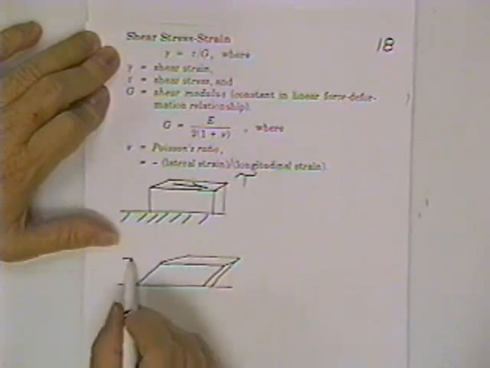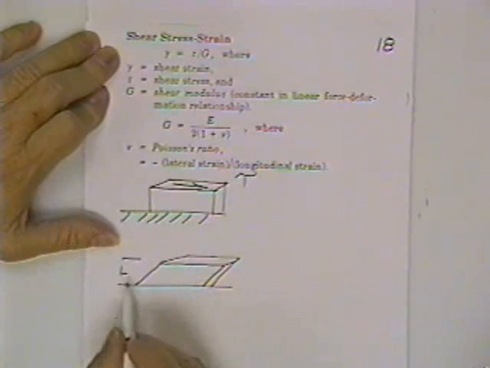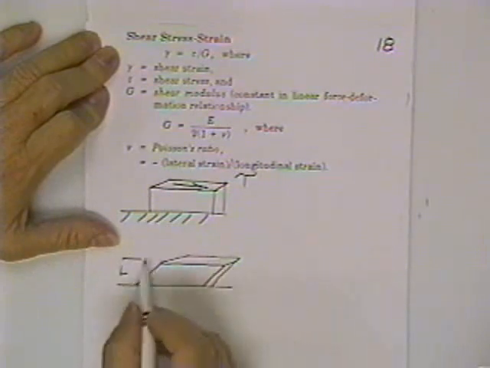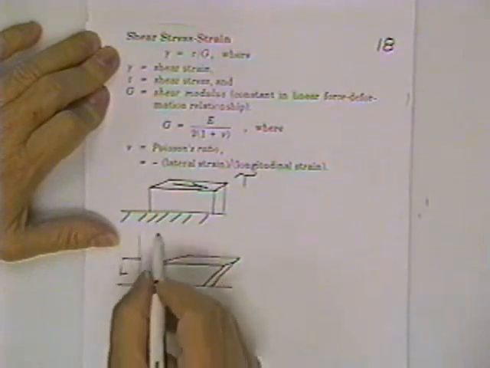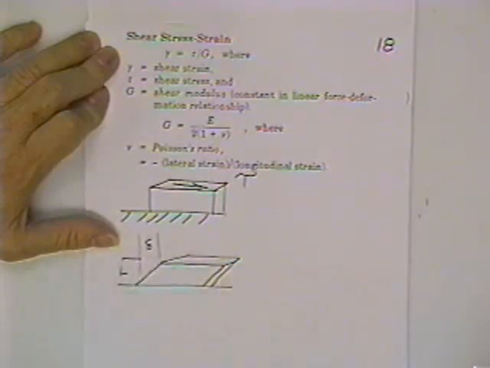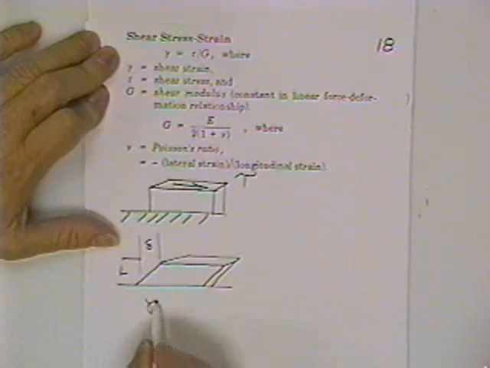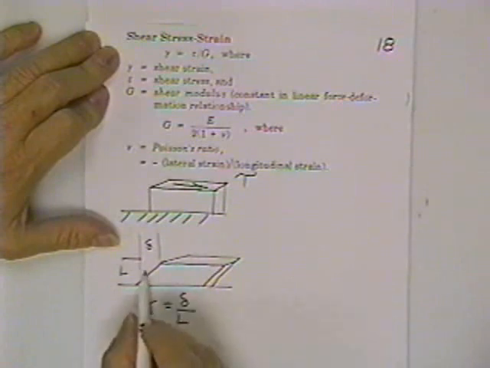And if you call this the length that you're going to measure, and if you call how far it moved over, say delta, then the shearing strain would equal delta over L. And this is the shearing strain, this angle right in here.